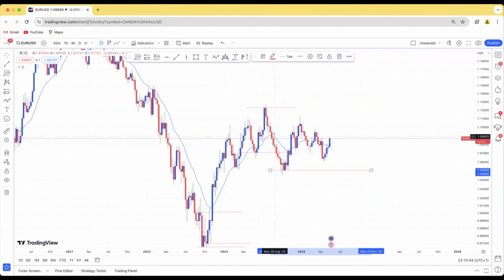So we created a higher high and then created a lower low, which gave us a shift in structure. For this bullishness to continue, it must take out this high. And for us to have a confirmation that the trend is bearish, it must take out this low. So these are things you understand.